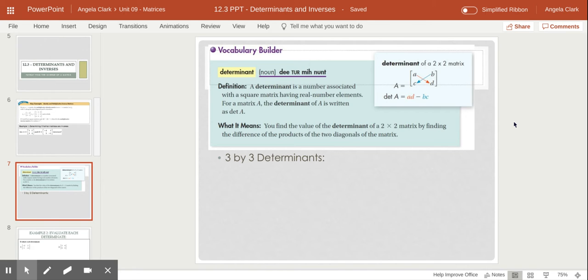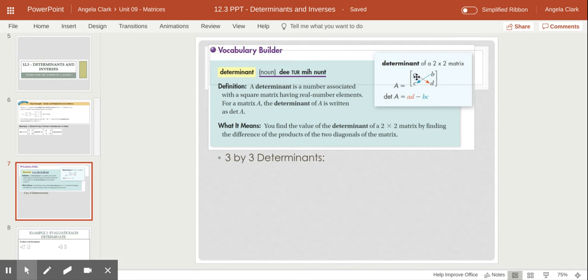A determinant is a special value that we can find only for square matrices, so 2x2, 3x3, etc. That helps us do things like find the inverse and tells us different properties about the matrix. So they're useful values, and we're going to learn how to find them.